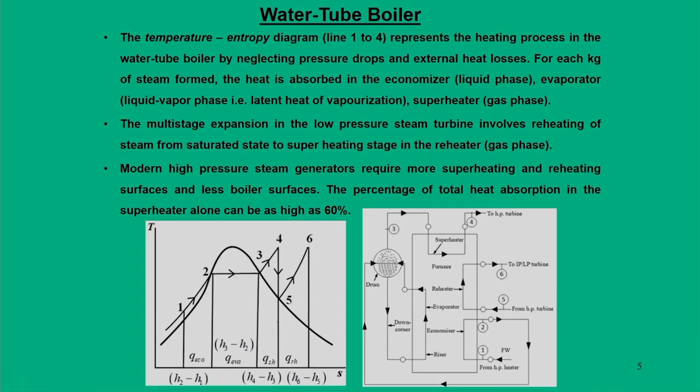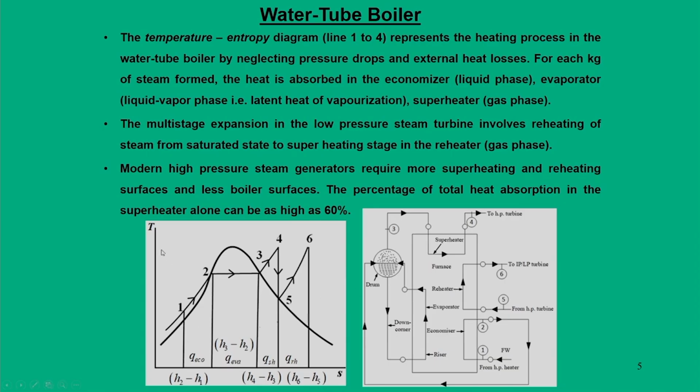Now let us think about this water tube boiler in thermodynamic diagrams. Whatever we have discussed so far, what happens in the economizer, the boiler, which many times we also call the evaporator, then the superheater and reheater.